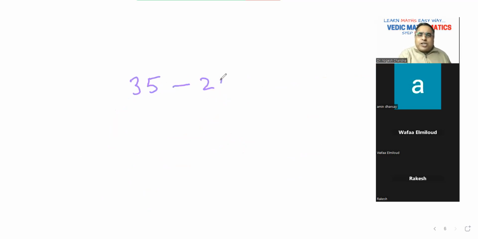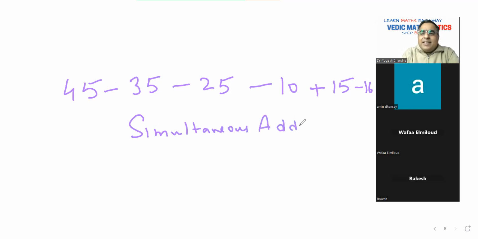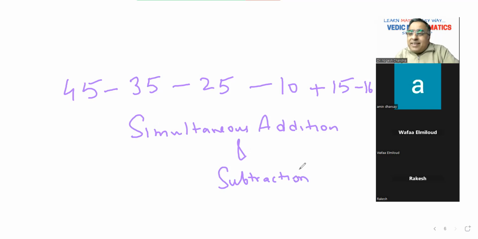Now see, one simple question I'm sharing with you. I'm keeping figures very simple, just to understand the concept, not to make it tough. This is an example of simultaneous addition and subtraction. But we don't have any method to solve this in mathematics.